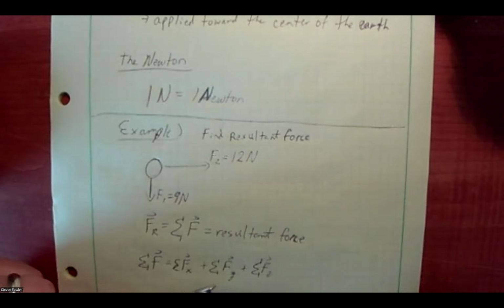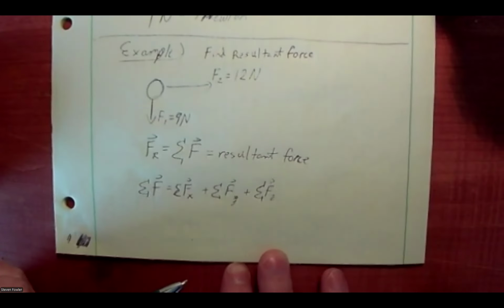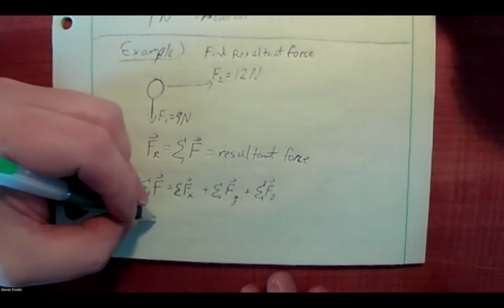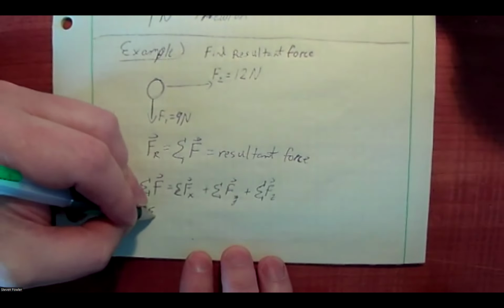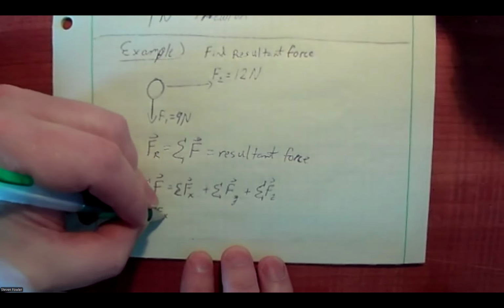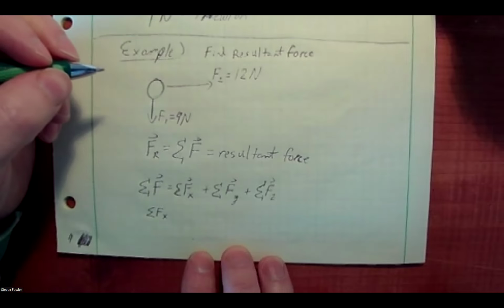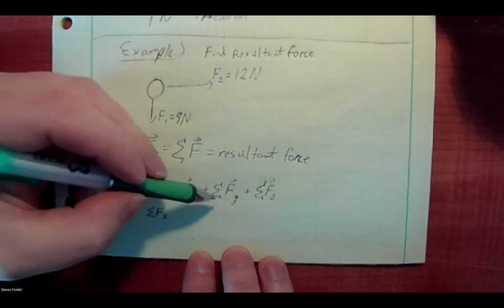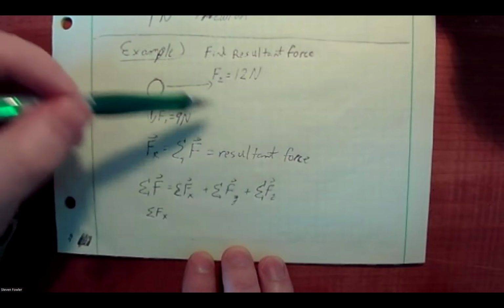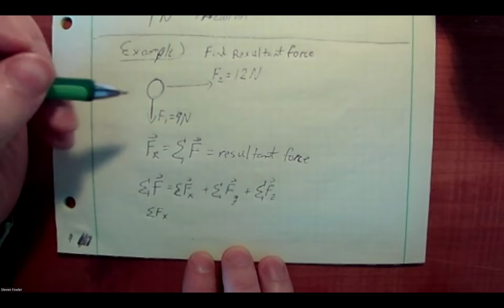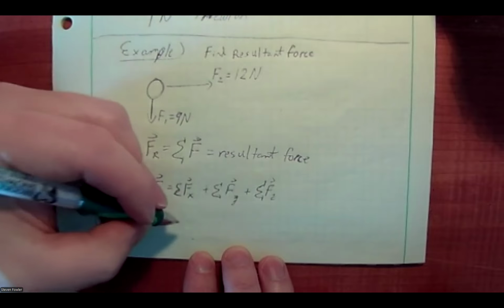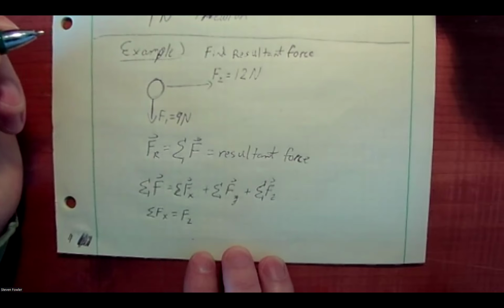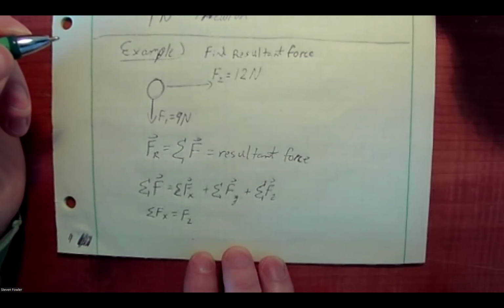That means you can break this vector equation down into its components. It's all the directions that are important, in this case, x, y, and z. And then I can say, if I add up the forces in the x direction, I can add up then the forces in the y direction. I don't have a z direction in this particular problem, so I'm not going to have to worry about those. But in the x direction, I have F2. And that's it.